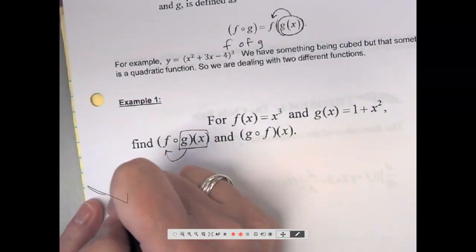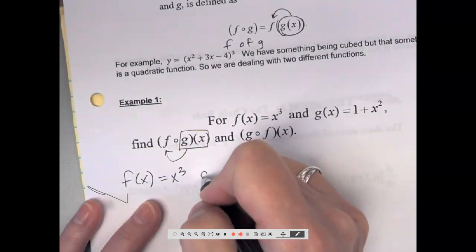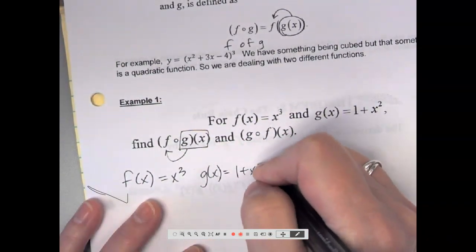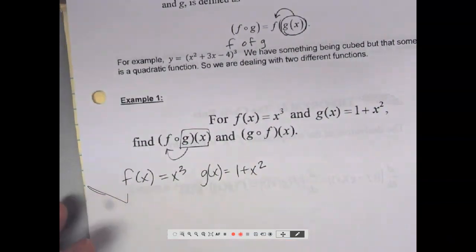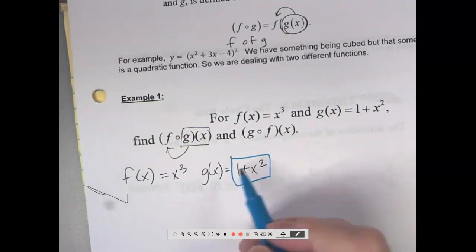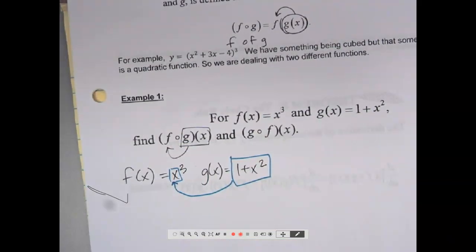Okay, let me write out these functions again. So it means take g and sub that whole thing in the place of x in function f.